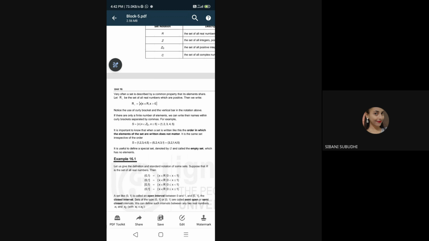If there are only a finite number of elements, then you can write their names within curly brackets separated by commas. For example, capital S equals {n such that n belongs to Z plus and n is smaller than or equal to 5}. If n is smaller than or equal to 5, then the numbers greater than 5 are not in the set. So you can write 1, 2, 3, 4, 5 as the elements of that set in curly brackets.